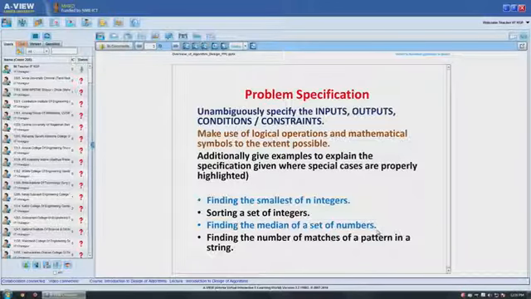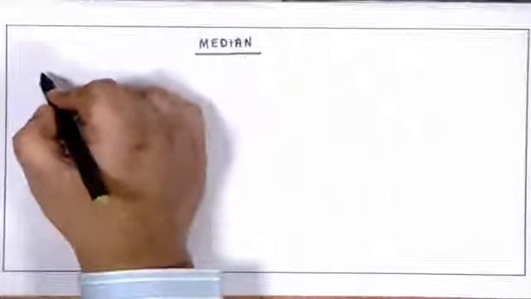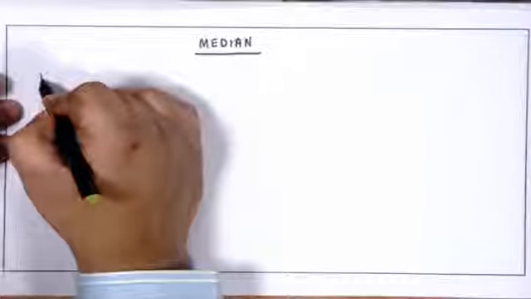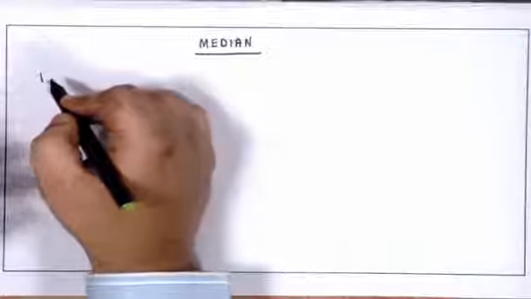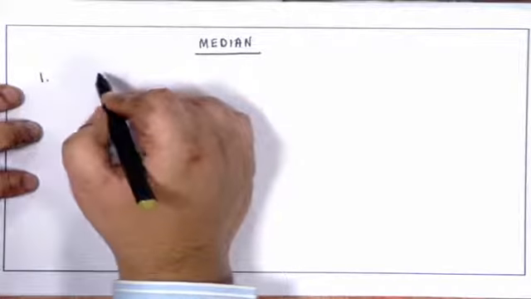Let us look at what are the nitty-gritties of specification. Let us look at the problem a little carefully in more detail. We are to find the median, and so let us take an example.